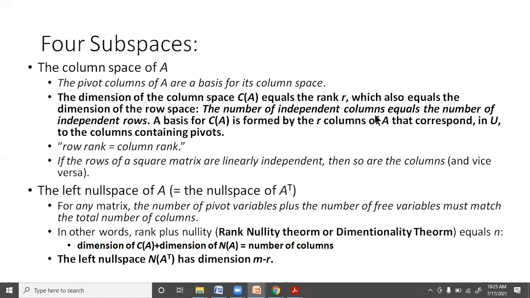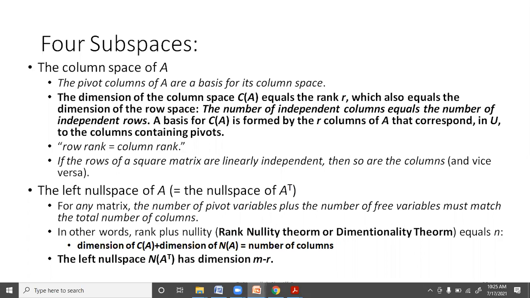When we are given a matrix, whether we talk about the row rank or the column rank, it will always be the same. Rank is just the same. So the number of independent columns equals the number of independent rows, which gives you the number of pivot columns equal to the number of pivot rows.